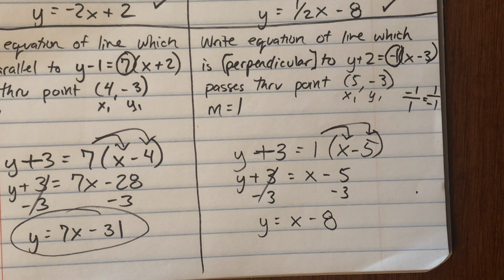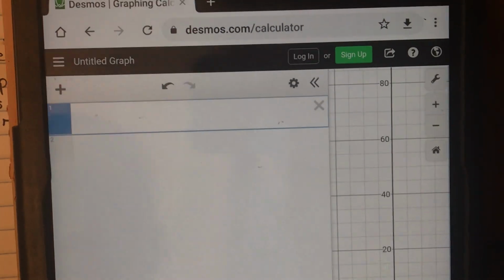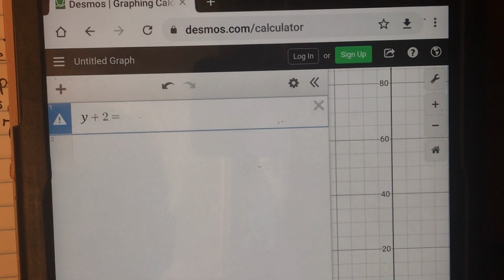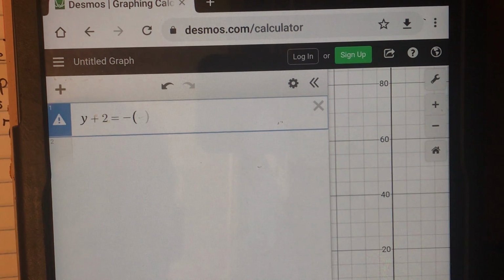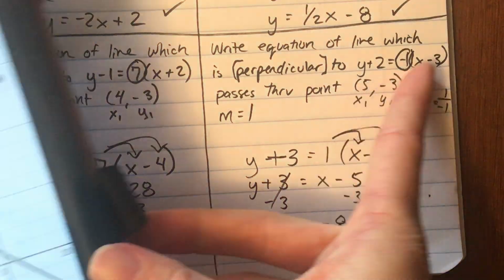And so we're going to check one more time, and we'll be done. The original equation was y plus 2 is equal to negative parenthesis x minus 3.